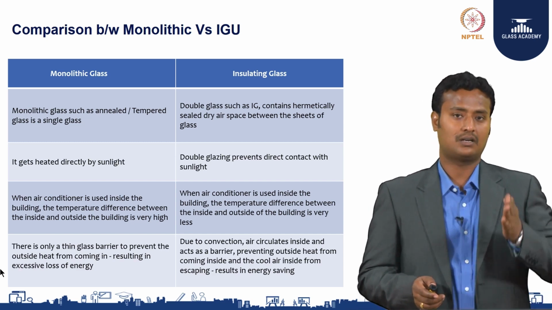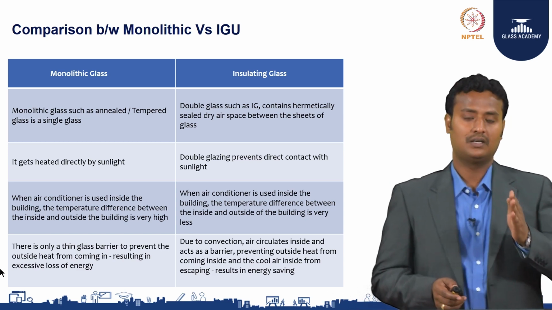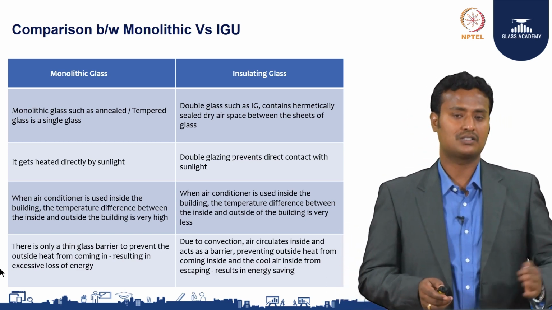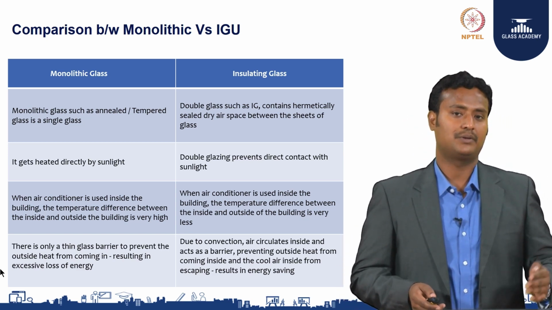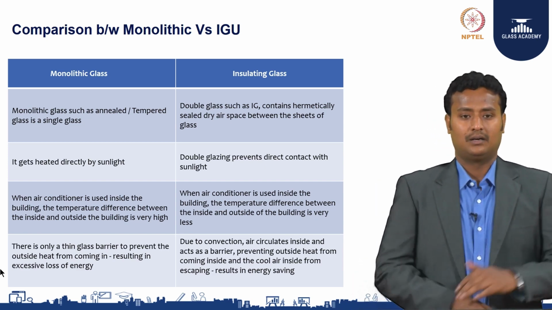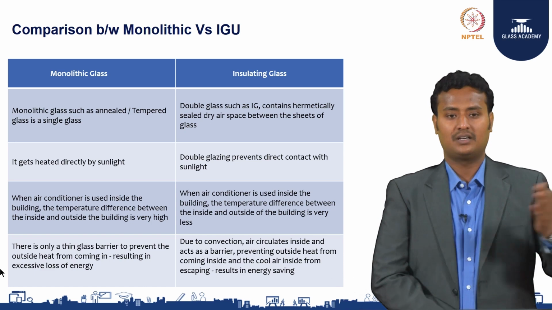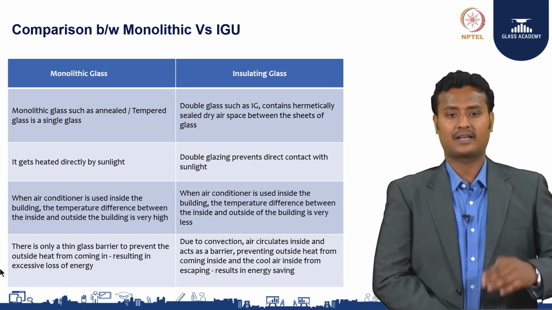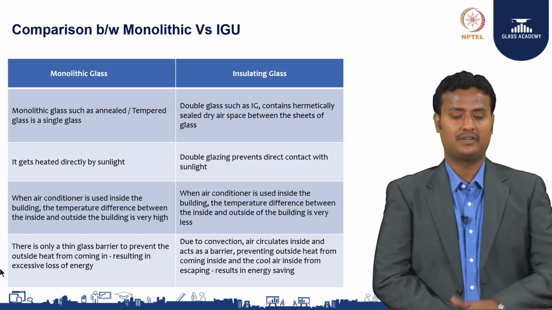That will be restricted because of the double glazed unit. Whereas with monolithic glass, you do not have the restriction, because it is a single monolayer, a monolithic glass. There is no barrier to prevent outside heat from coming inside, resulting in excessive loss of energy. So, that is what we discussed.